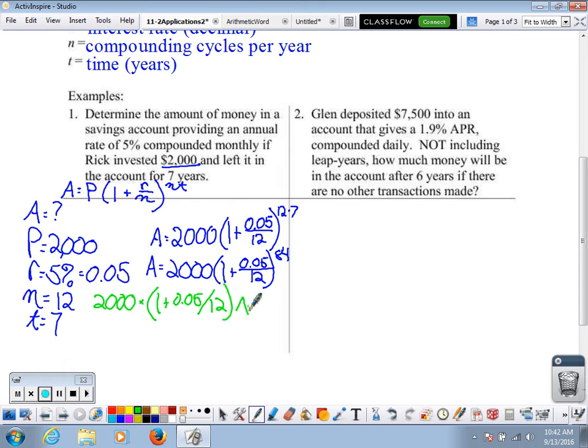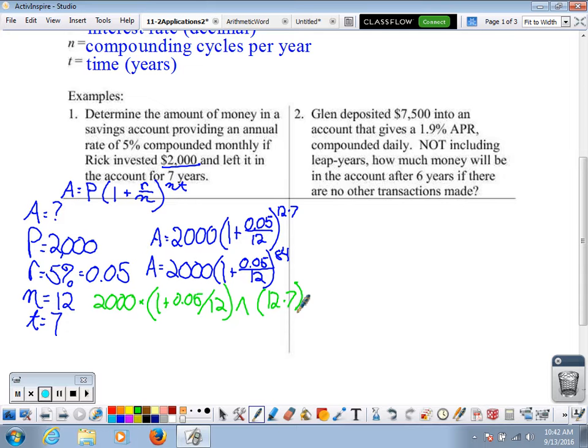And then that caret, that's your exponent key. Now guys, if you choose not to simplify the exponent first, and sometimes you might not be able to do it in your head, it's real important that you put it in parentheses. So if you want to put that 12 times 7 as your exponent, you need to put that 12 times 7 in a set of parentheses on its own.